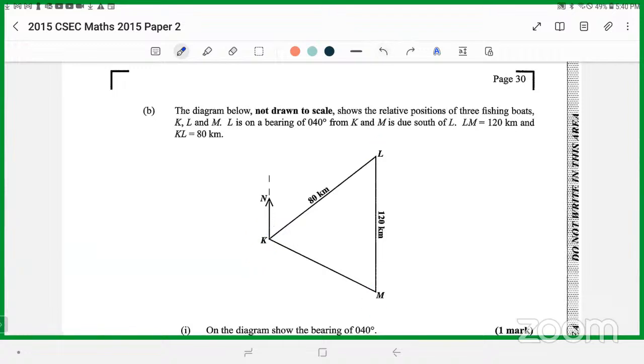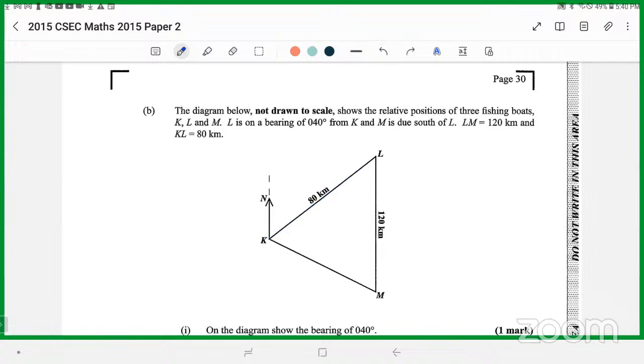It says L is on a bearing of 040 degrees from K. So from K to L, the bearing is 040 degrees. From K up to L, 40 degrees. So this line is a 40 degrees bearing line.